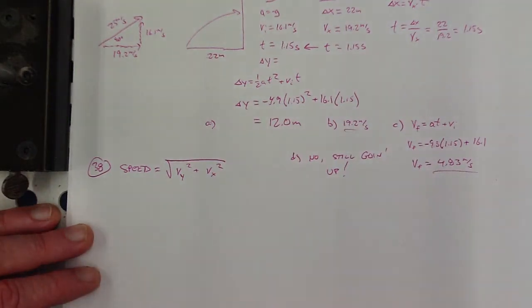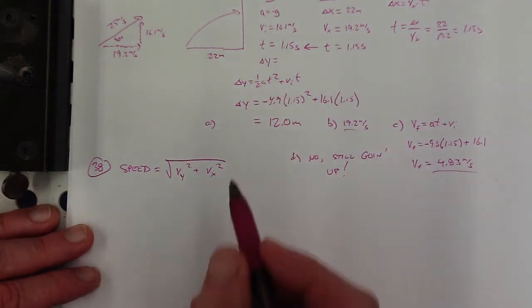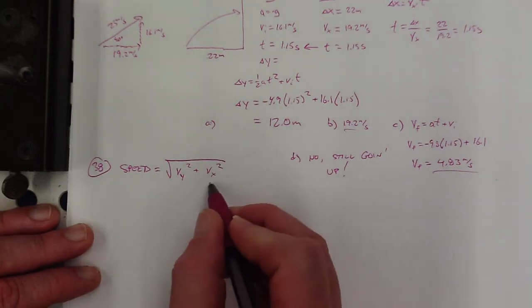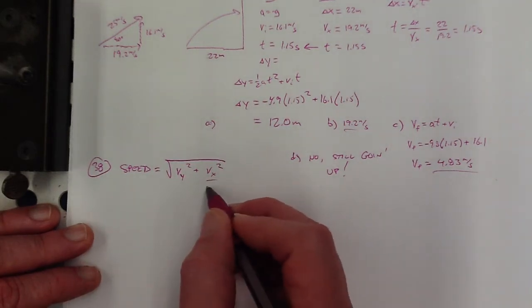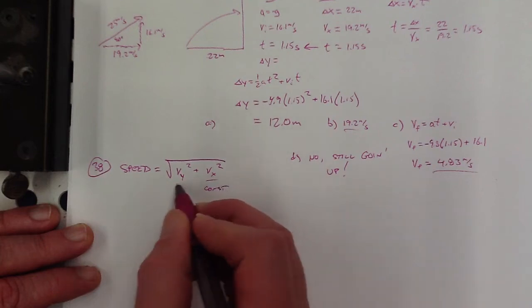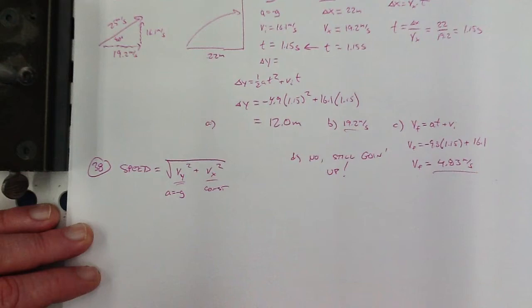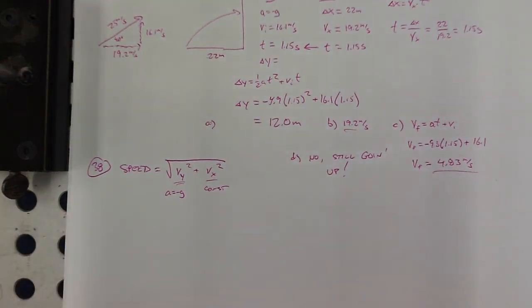That's how you find speed. In the special case of projectile motion, Vx is a constant, and Vy has that acceleration of negative 9.8 meters per second squared, taking down to be the negative direction.